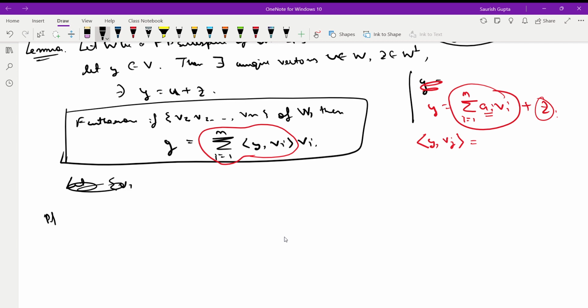So let us choose an orthonormal basis. Let me just prove it out.